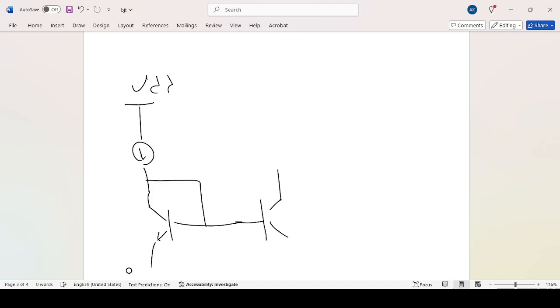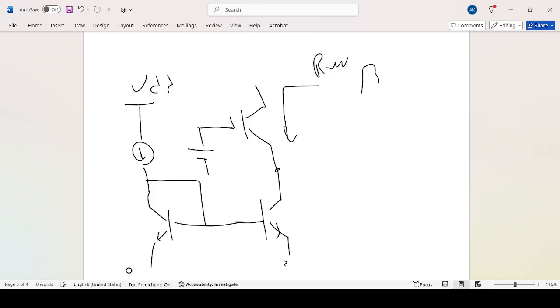So we can do something like this, and add another BJT here, and you will see that we increase the R out by the factor of beta.